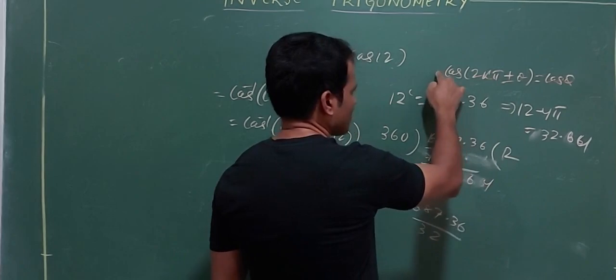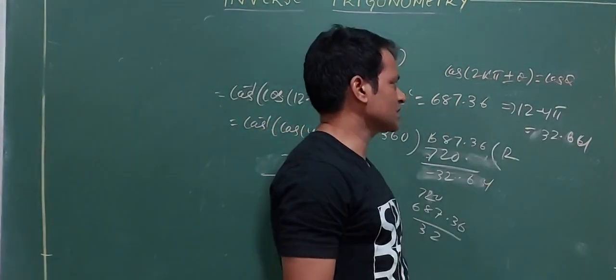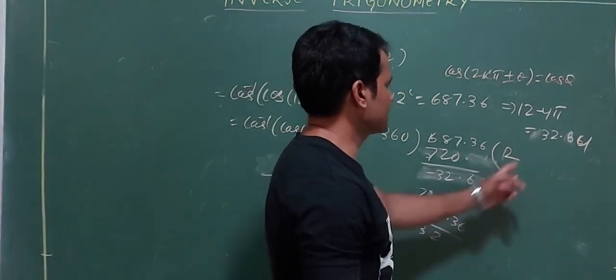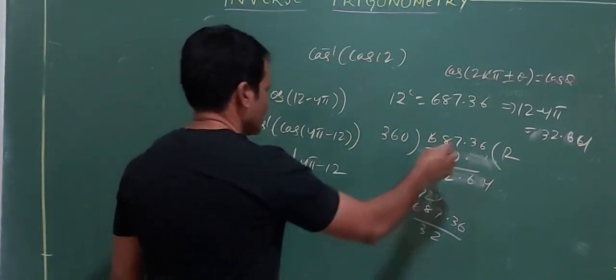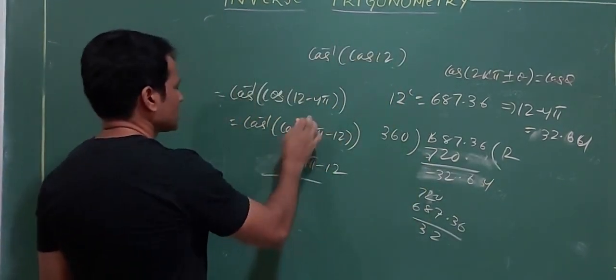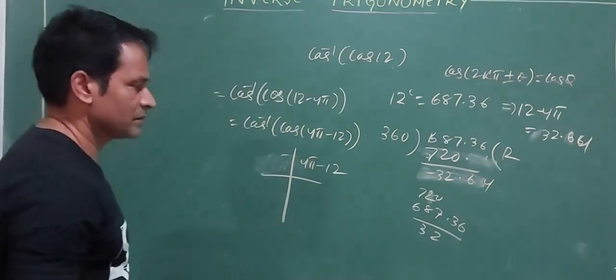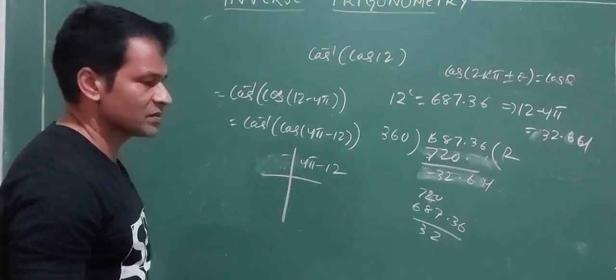Take minus common, the outside minus goes, cos of minus theta is cos theta, so theta is the answer. That means this value is 32.64. Which quadrant is it now? First quadrant. The answer is 4 pi minus 12. Cos inverse of cos 12 is equal to 4 pi minus 12.